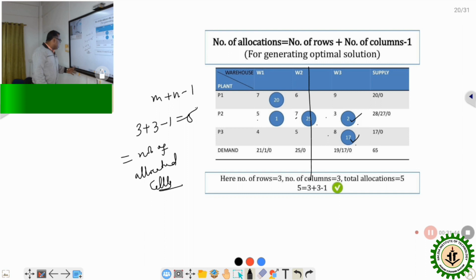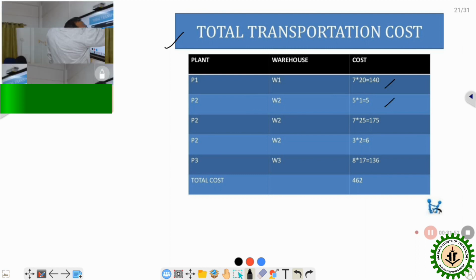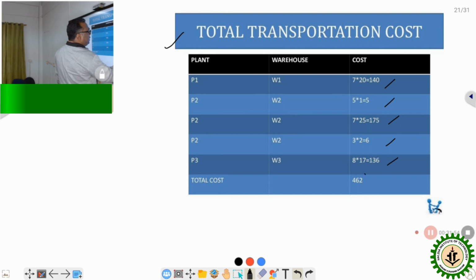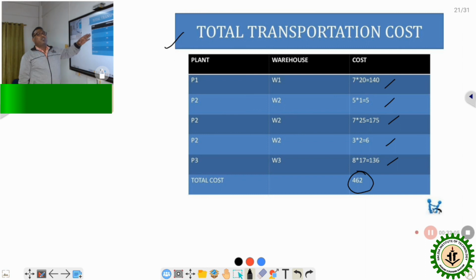That will be our total transportation cost. So you can find out how we find out the total transportation cost. In total it is 462. So total transportation cost is 462 when we are following the northwest corner method.